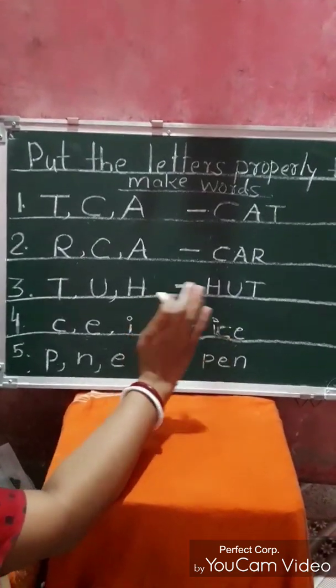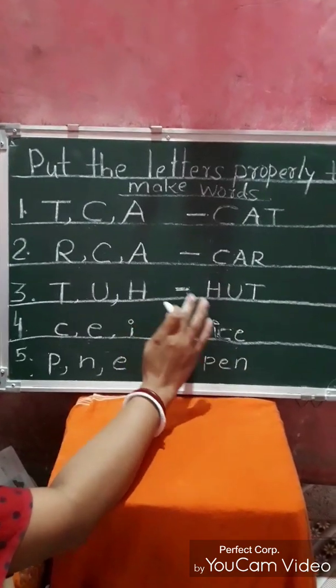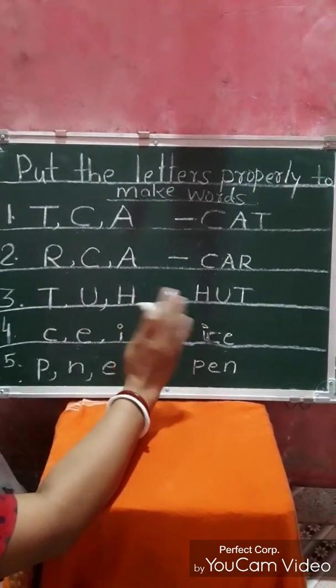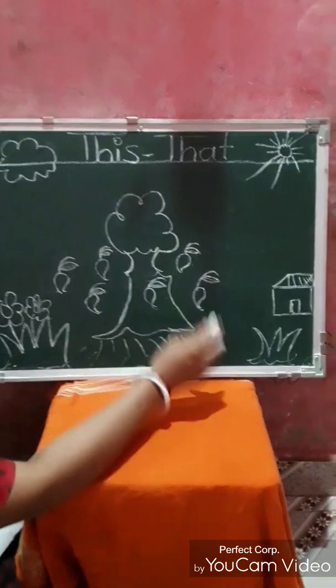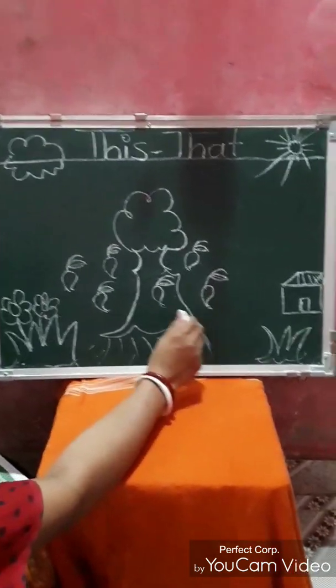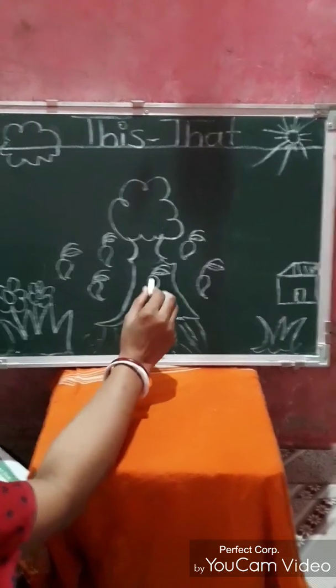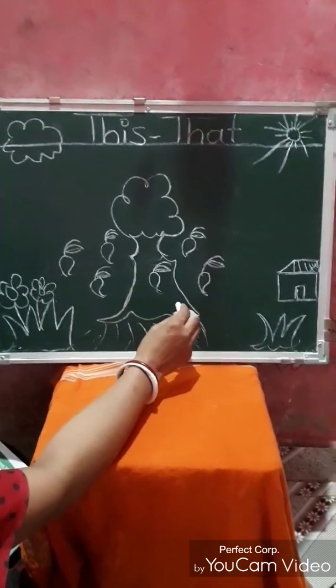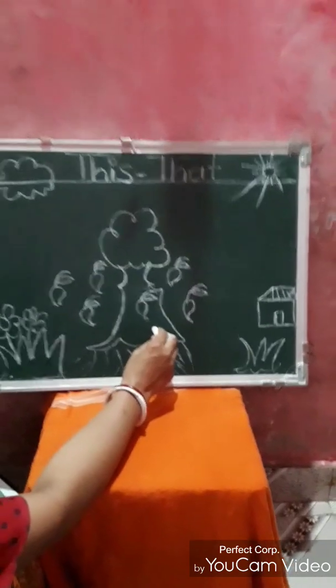In the next step, we are going to learn about the use of this and that. In the last step, I taught you about the meaning of words and how we can make them with the help of different letters.